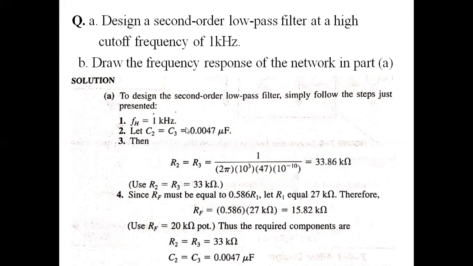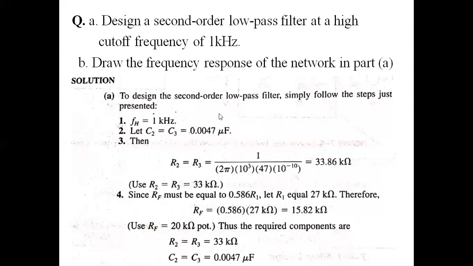Similarly, R2 equals R3 is considered for simplification, and the frequency is given by the equation F equals 1 over 2 pi RC when the resistors are equal.